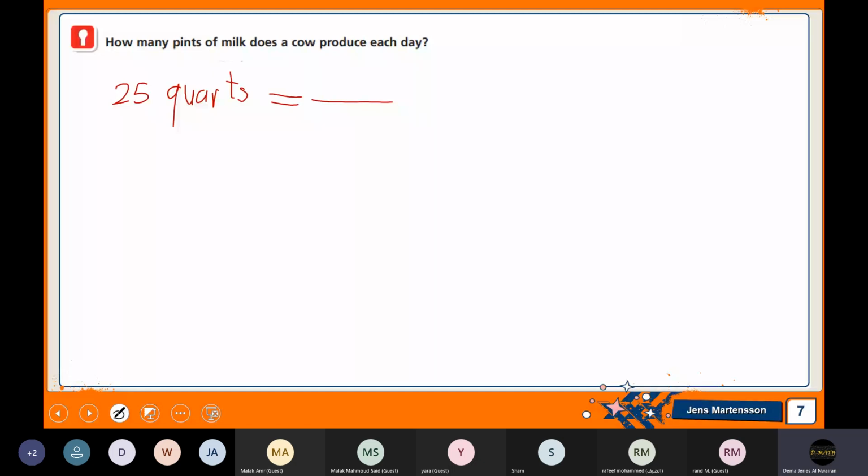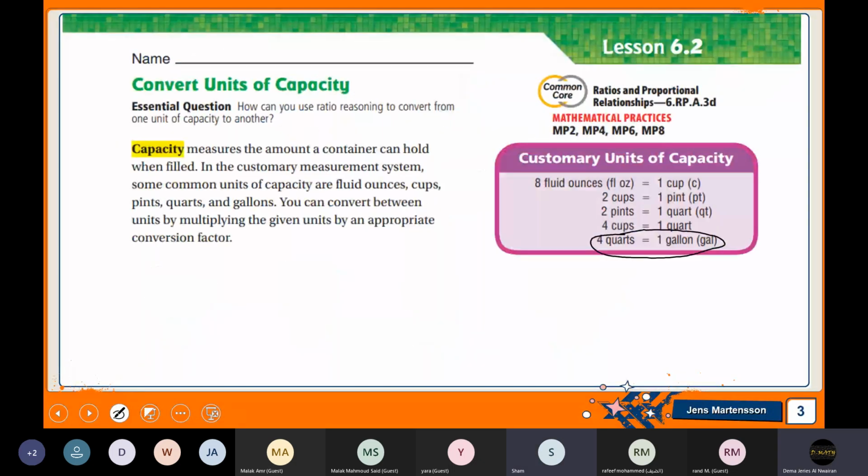Pints. So the number of pints here is unknown. Then I need now to see from the customary table what is the relation between the quarts and the pints.